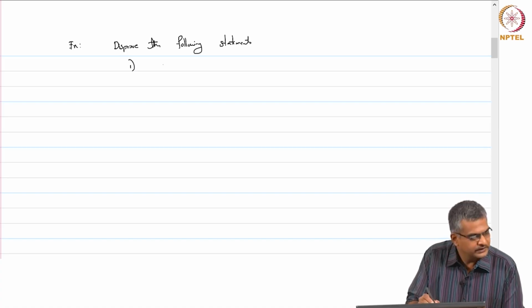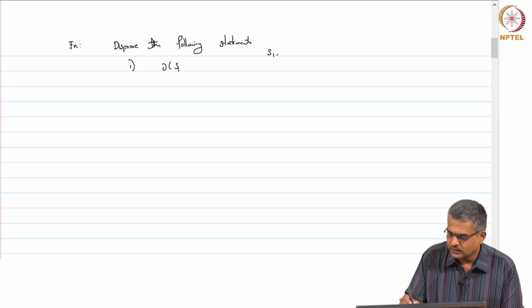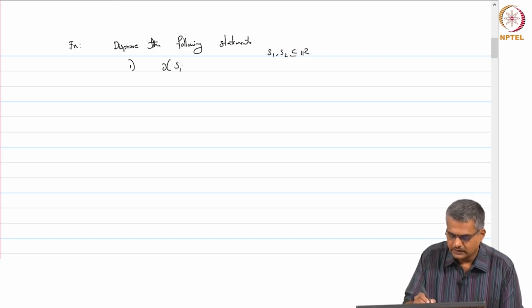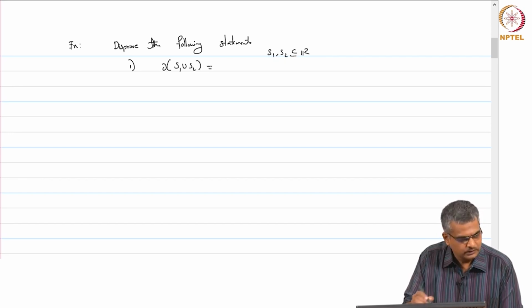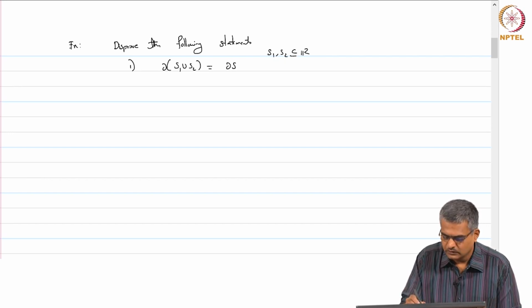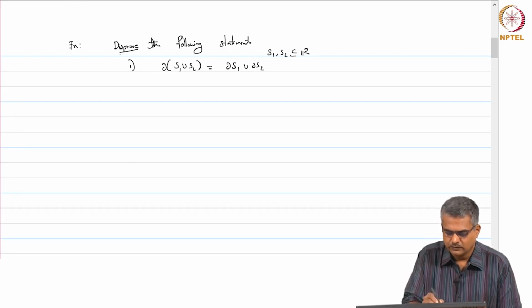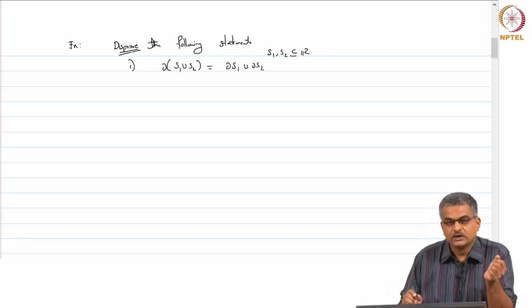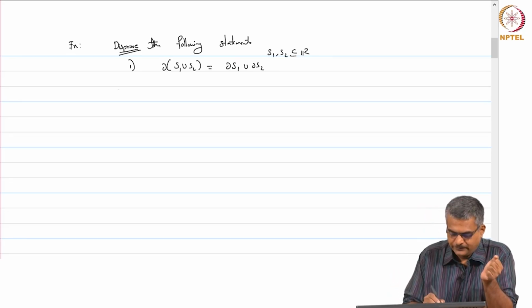The first statement: S1 and S2 are subsets of R, and we want to disprove the identity that the boundary of S1 union S2 equals the boundary of S1 union the boundary of S2. That means this is not true, so we will have to give a counterexample.